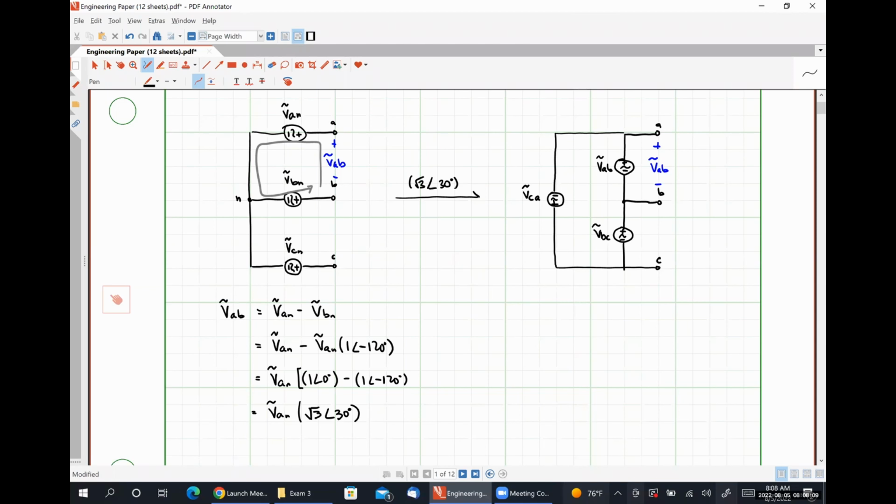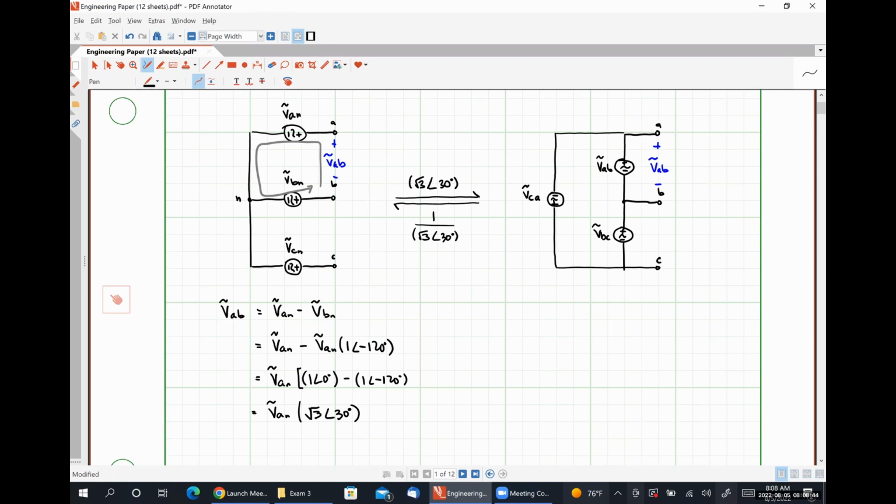The B phase of our delta-connected source is simply the B phase of our Y-connected source multiplied by root 3 angle 30 degrees, and it works for the C phase as well. So it shouldn't be wildly shocking to figure out that we can go the opposite direction, go from a delta connected source to an electrically equivalent Y connected source by dividing by root 3 angle 30 degrees.